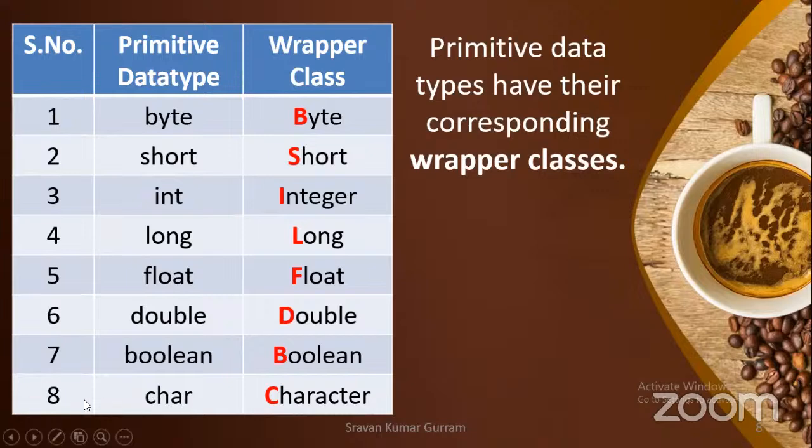And one more thing is the eighth one, char. The wrapper class name is Character, the complete name. In the remaining cases, it is the same name: Byte, Short, Long. But coming to char and int, you must write the complete names, Integer and Character, with a starting capital letter. These are called wrapper classes.